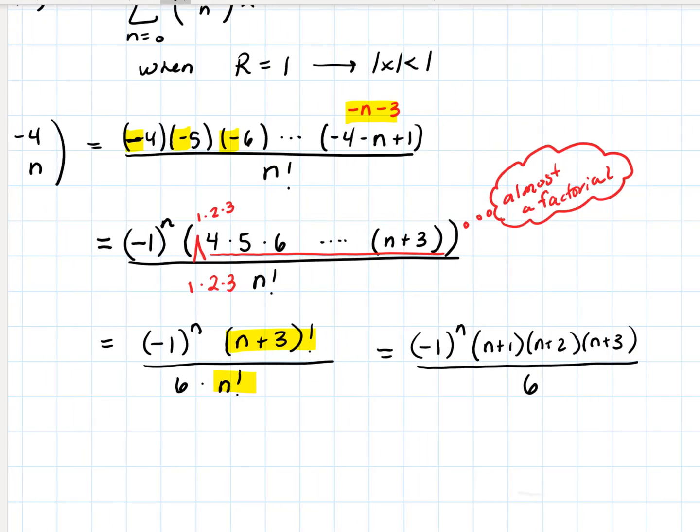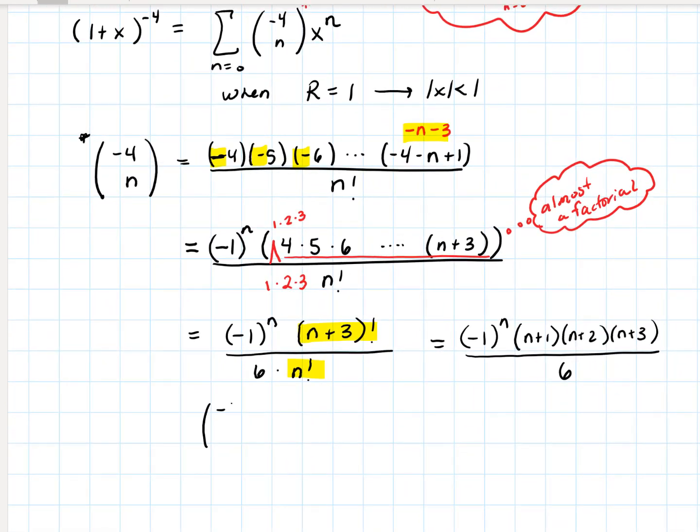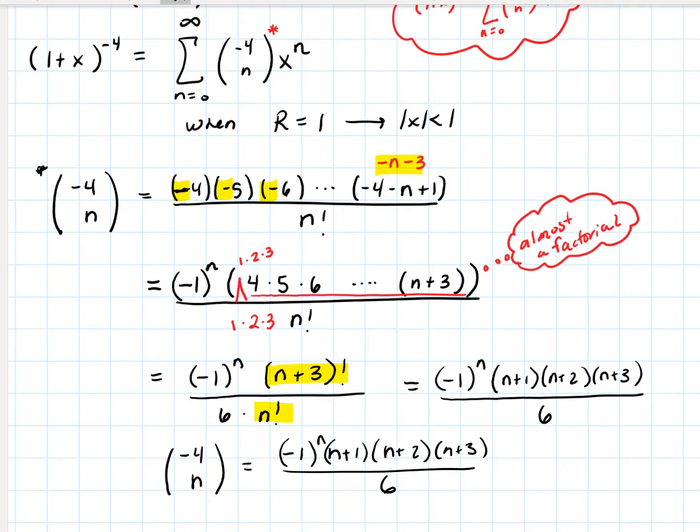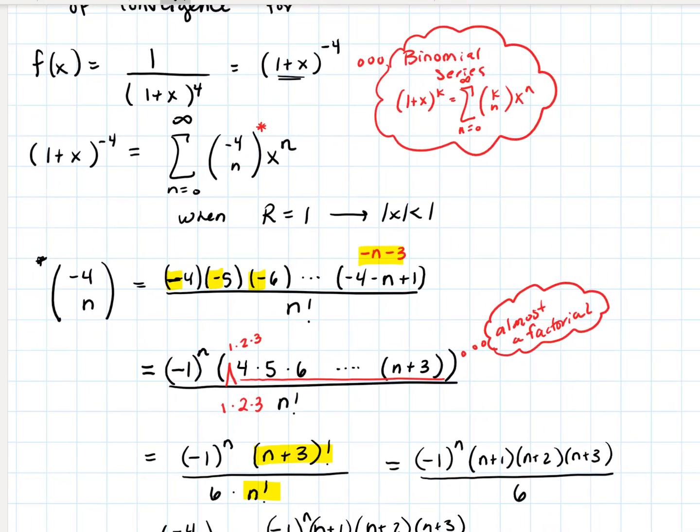And so that has reduced down my -4 choose n down to a really nice compact -1 to the nth power times n plus 1, n plus 2, n plus 3 over 6. We've gotten that reduced down really nicely, and we can come back to what we had up here and write this now.